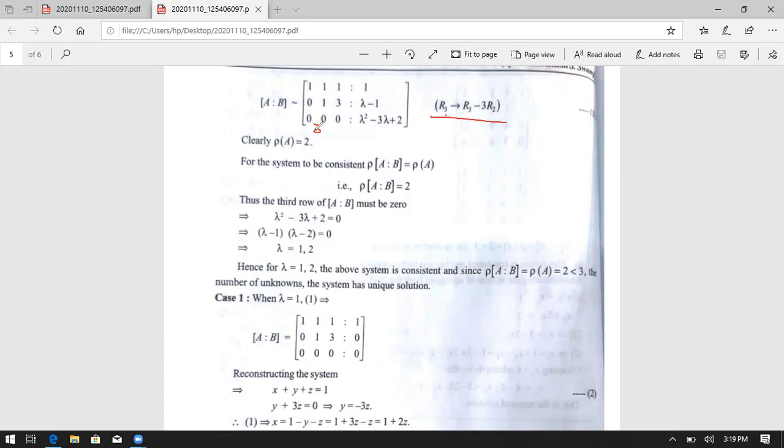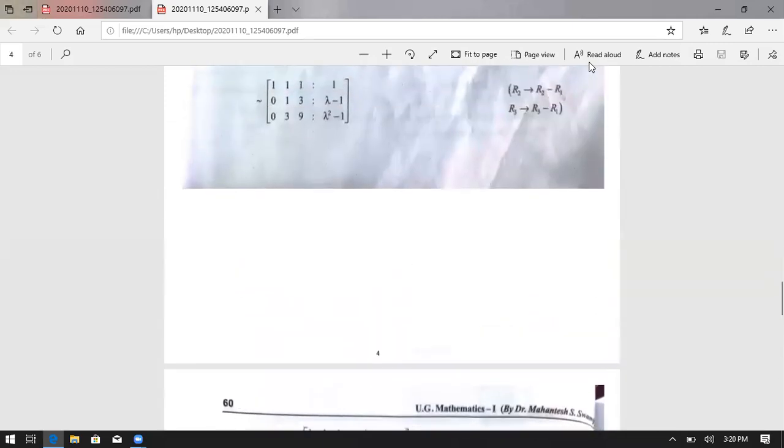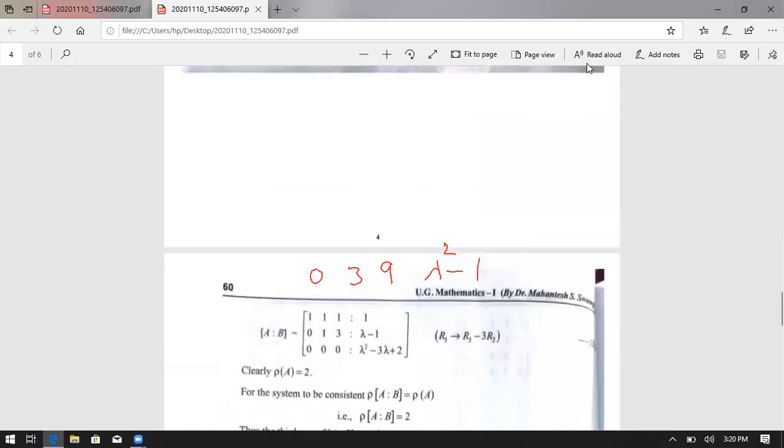R3 minus 3R2, so in this column it is 0, 0. See here, that is the last one. The third row is 0, 3 and 9, lambda square minus 1. See here, R3 equal to R3 minus 3R2.